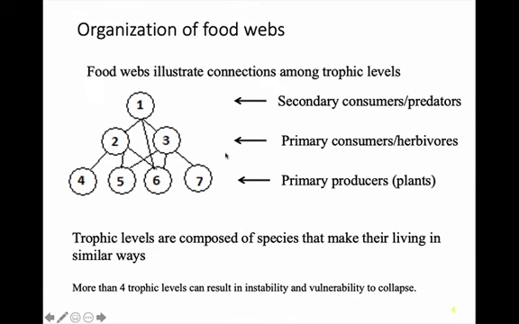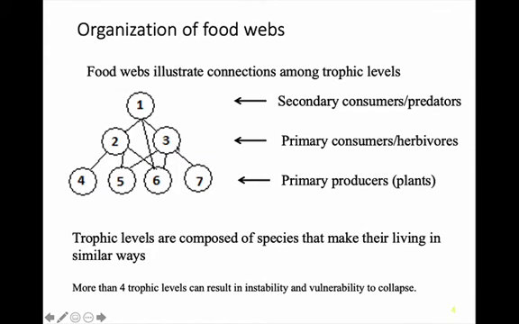So just to reiterate, we're talking about the connections among trophic levels when we talk about food webs. Here you see that species 4 here is exclusively consumed by the herbivore species 2. Here you see species 5 is consumed by both herbivore number 2 and number 3, and that's true for plant number 6 here also.